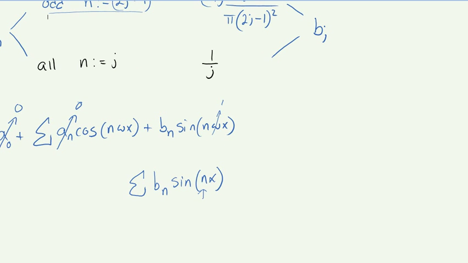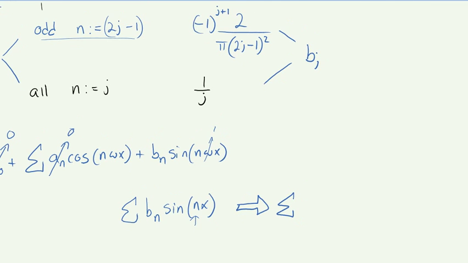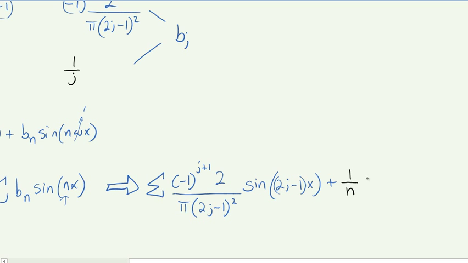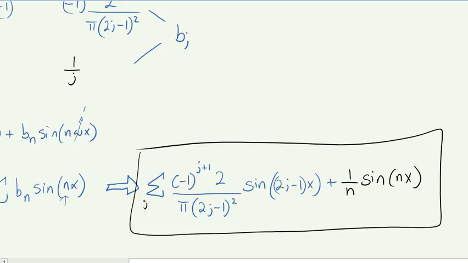What that's going to look like in the end is something like this. And we're going to say that j will go from 1 to infinity, or we can make this finite and say j will go from 1 to k.